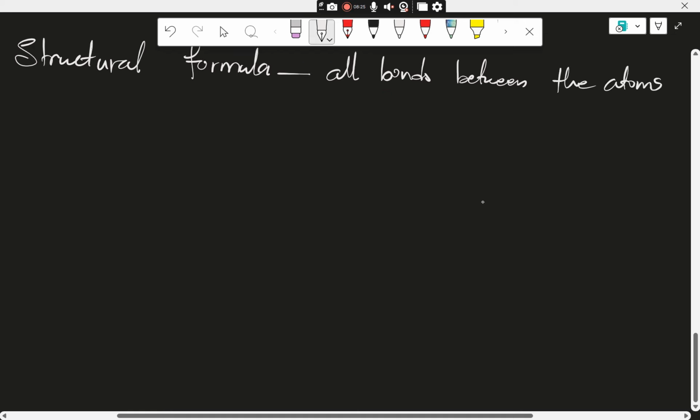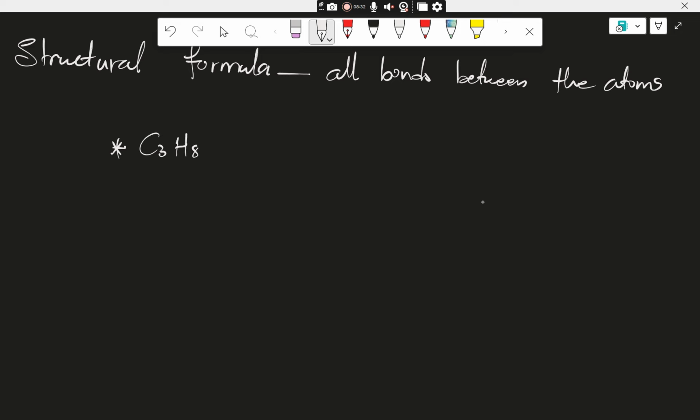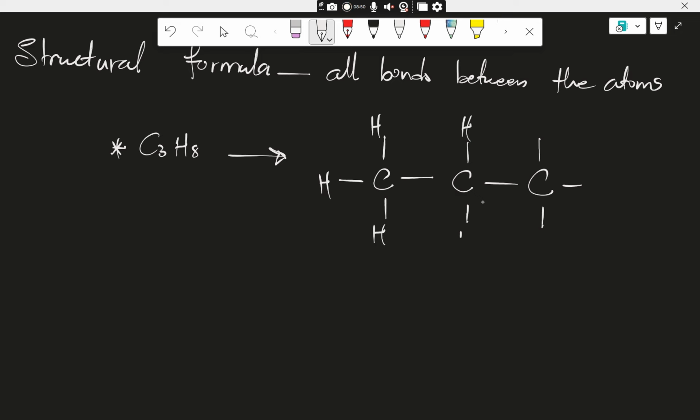For example, we have already talked about C3H8. This is how you represent it as a structural formula. We have C, you have another one, and then you have your H atoms. This is a hydrocarbon, propane, but we'll get to why it is called propane.